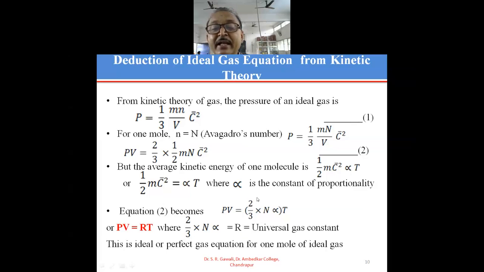Therefore, we can write the above expression as PV is equal to RT. So, this is nothing but the ideal gas equation for 1 mole of an ideal gas.